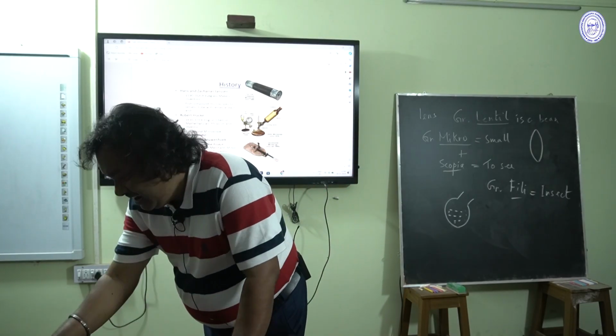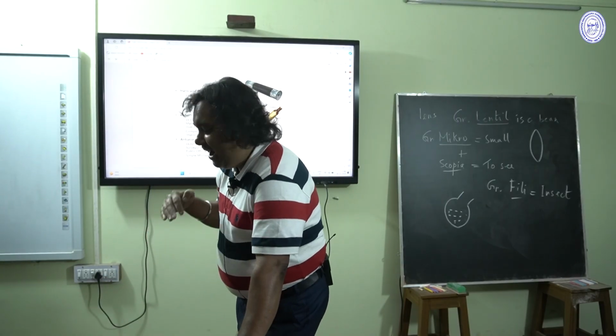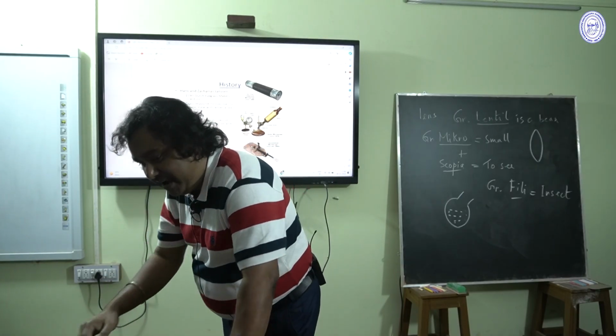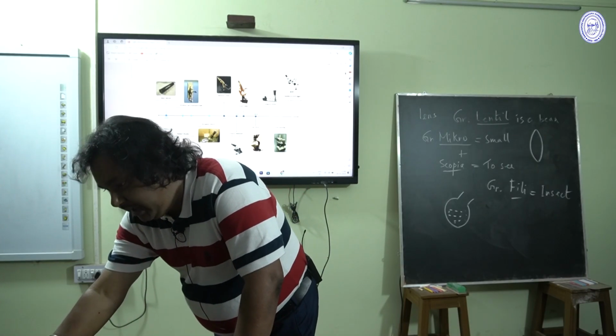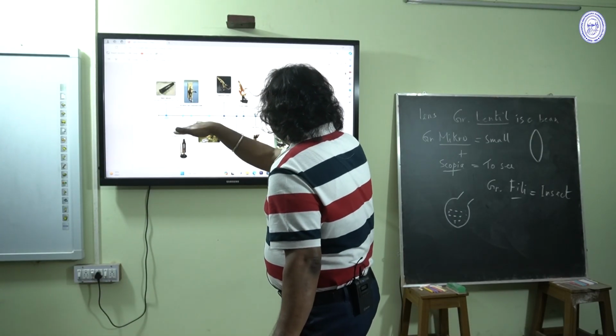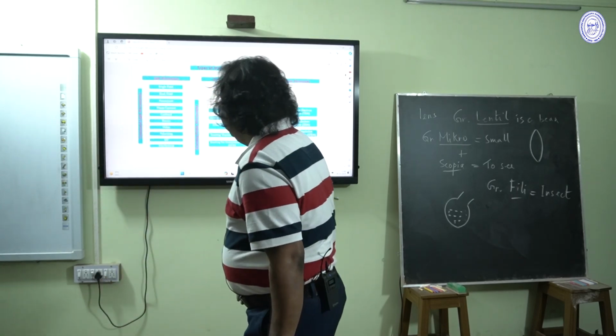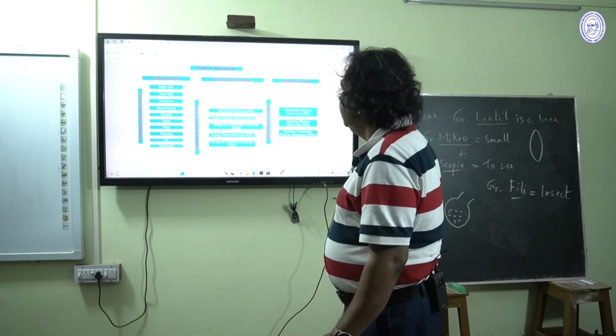And then Anton van Leeuwenhoek, a Dutch spectacle maker, is simply known as the father of microbiology. This is the timeline of the development of various types of microscopes.